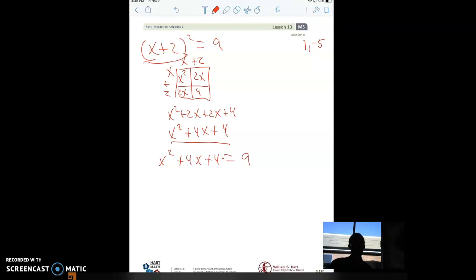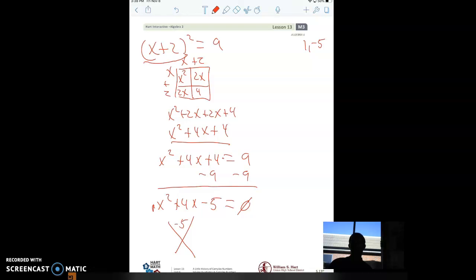Now I'm going to subtract 9 from both sides, and I get x² + 4x - 5 = 0. If you remember, whenever we have a quadratic equals 0, the number in front here is a 1. I can draw my X. The number on top is just the -5.